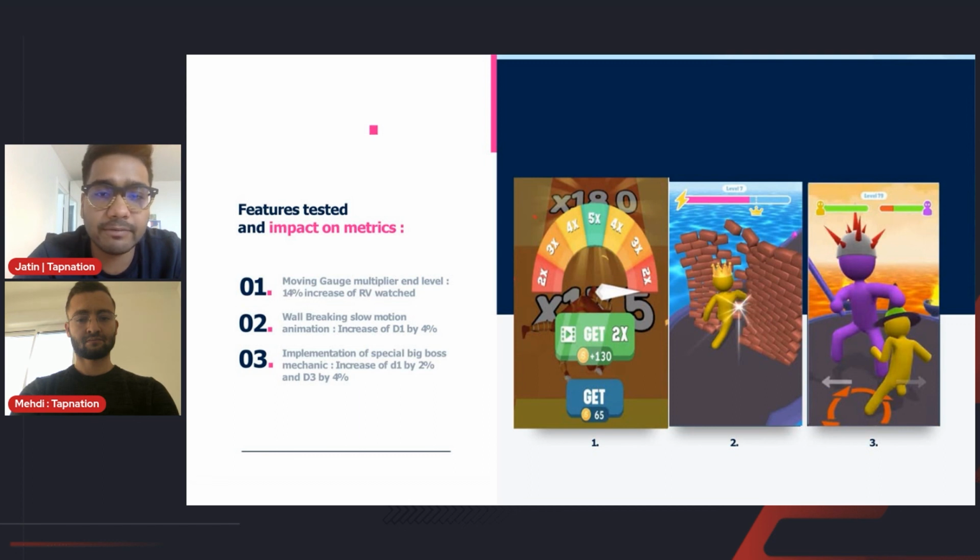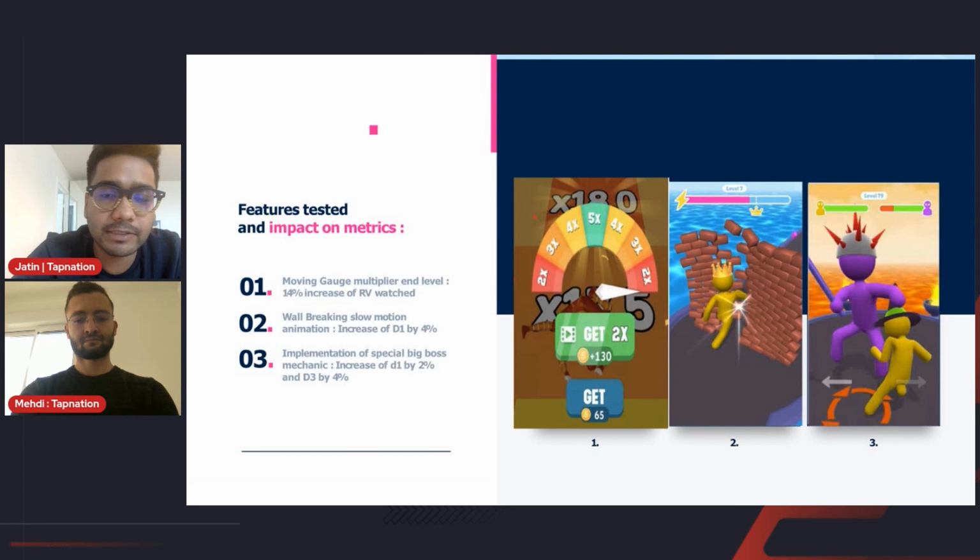We tested different methods to break the wall, but also the camera angle, like which camera should be used while the user is breaking the wall. Should it be the top camera angle, or FPS, and so on and so forth. And what we saw, just by adding the top camera angle with slow motion of the wall break, we managed to increase the retention day one by 4%, which was really interesting for us.